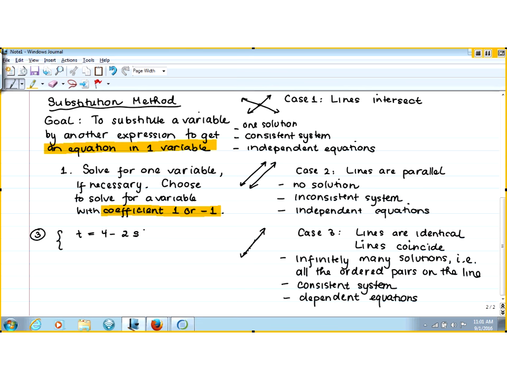So this is s, not 5. 4 minus 2s. This is equation 1. And then P plus 2s, this is s, is equal to 6.